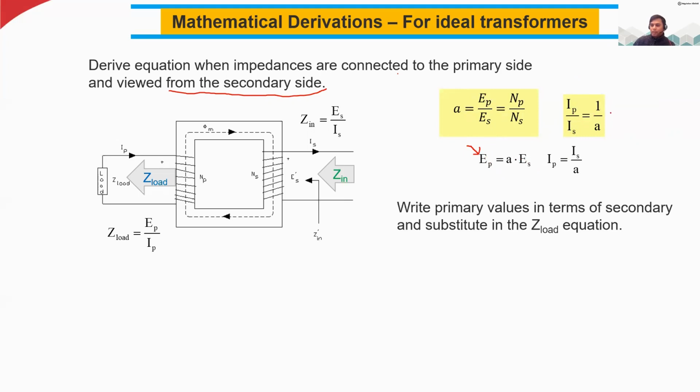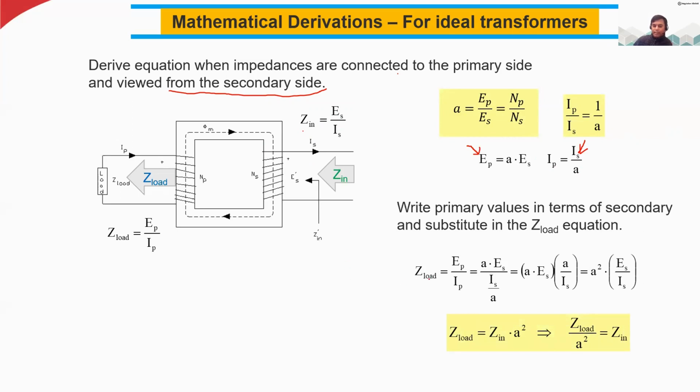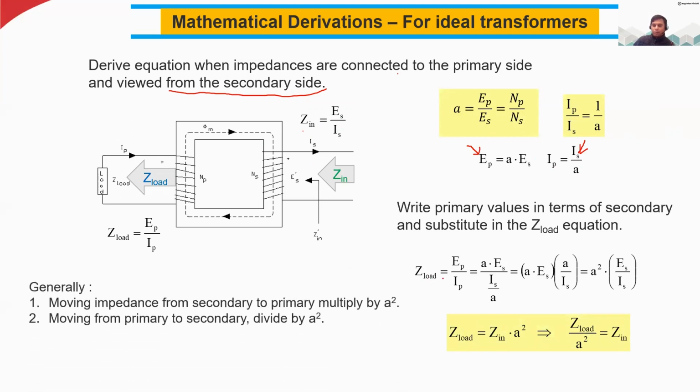IP is equal to 1 divided by A times IS, that is IS divided by A. So now I have two equations based on these basic two equations. We already know the input impedance Z in is ES by IS. Actually, it's supposed to be EP divided by IP, right? But now we are looking from the secondary side, so let us say Z load is equal to EP divided by IP.